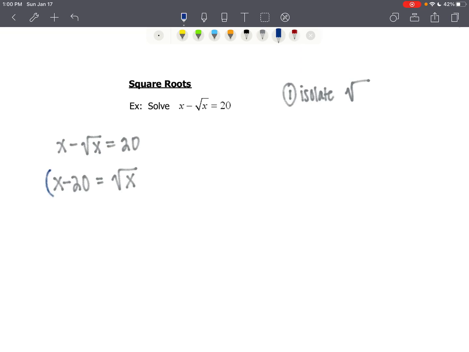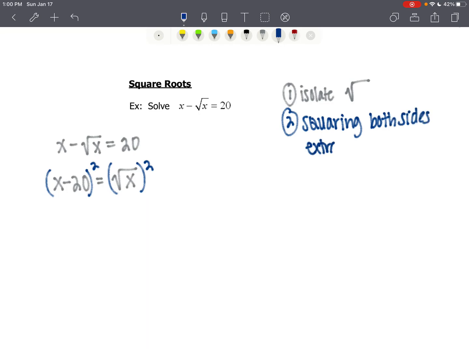Now what I'm going to do is square both sides to undo that square root. But squaring both sides may lead to extraneous solutions.